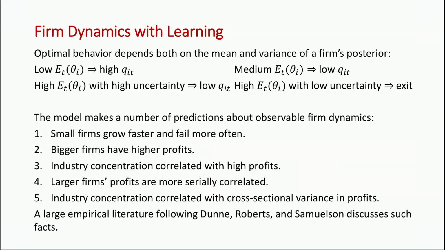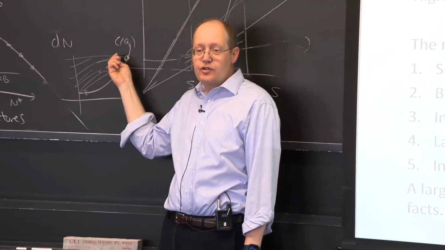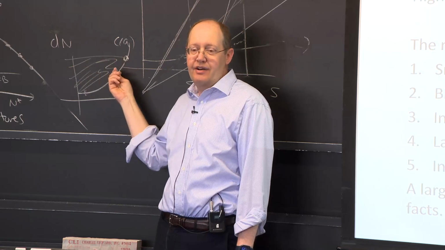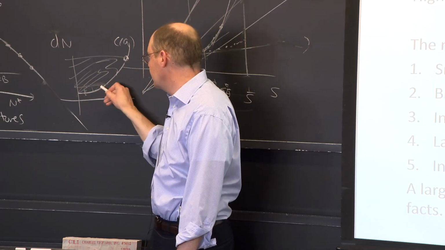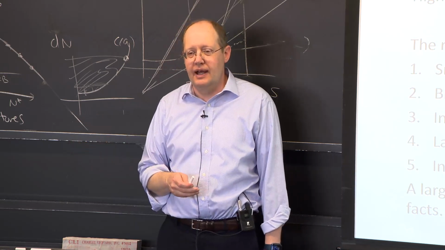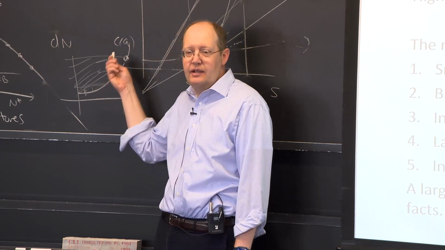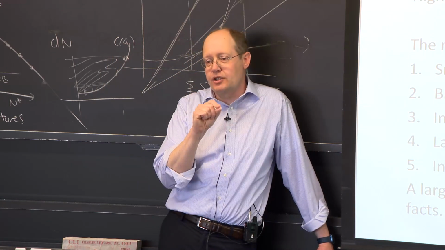But in equilibrium, industry concentration is correlated in the cross-section with high profits, because an industry that happens to have a few very low-cost firms in it, those firms will earn very high profits, whereas if in another industry all the firms have very similar costs, then you're going to have a large number of firms each earning individually low profits. And so the high-profit industries are concentrated because they just have a few firms with theta draws much lower than everybody else's.